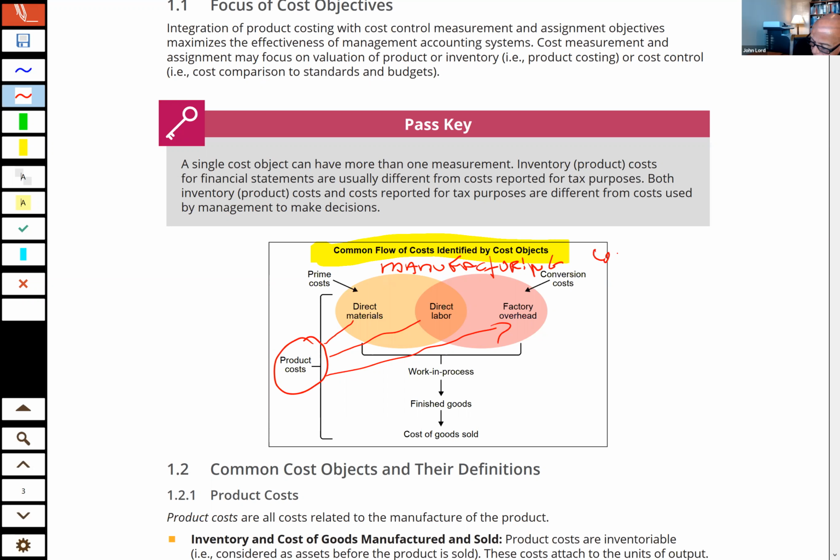You could call them product costs, you can call them manufacturing costs. And then to make it even more annoying, they take our direct materials and our direct labor and call them prime cost. And then they take our factory overhead and our direct labor and call them conversion costs.